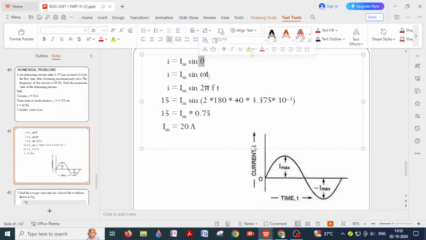So i is 15 amperes, Im we don't know, 2 and pi are constants, f is 40, and t, the time taken to reach 15 amperes, is 3.375 milliseconds. Milli means 10 power minus 3.